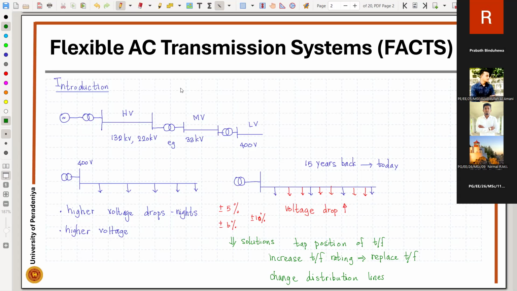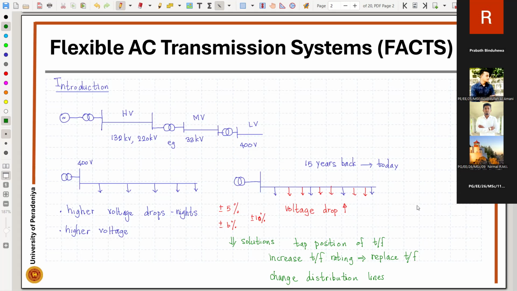So these flexible AC transmission systems use power electronics, and thereby it will help to overcome the issues that we are seeing in the network during certain periods of the day, or a problem that has been accumulated over the years.